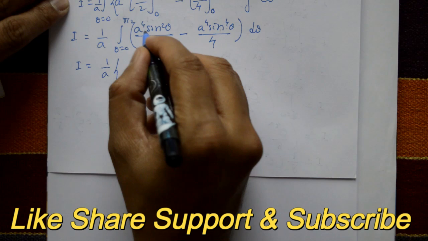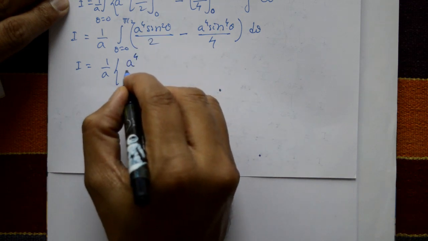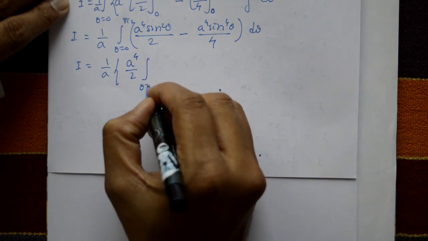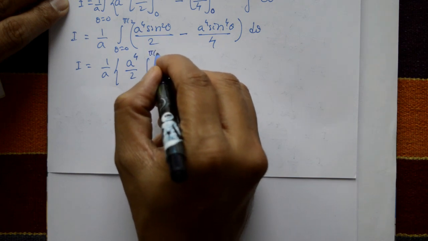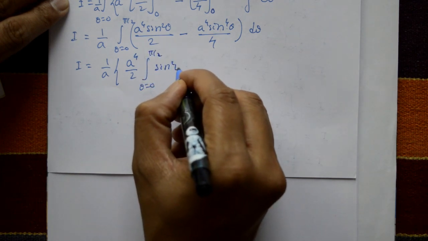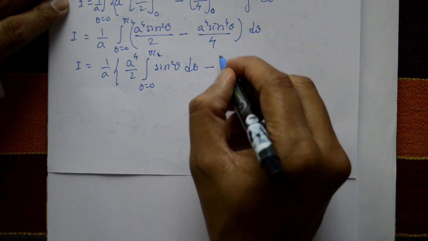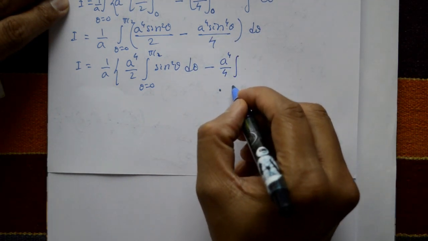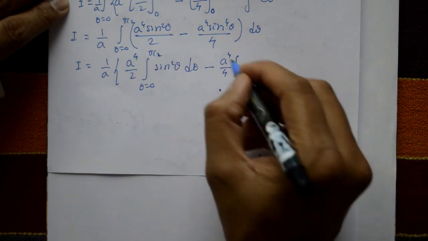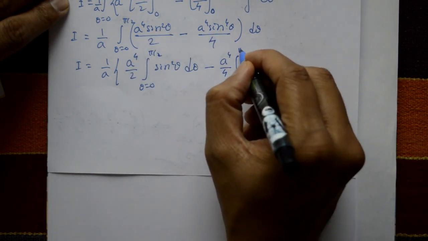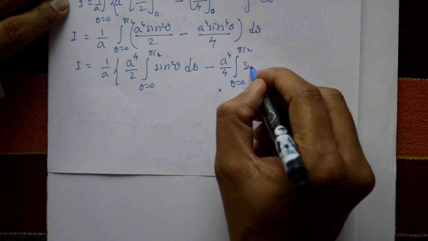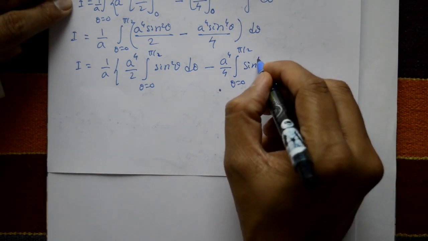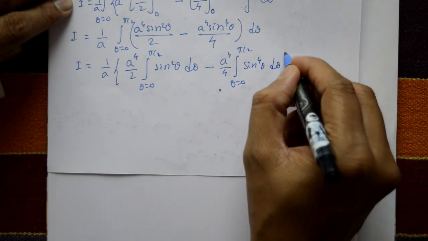The first, a square by 4 is an outside constant, integration of theta from 0 to pi by 2, inside is sin square theta d theta, minus, and the second one, a raised to 4 by 4 is an outside constant, and integration of theta from 0 to pi by 2, inside is sin raised to 4 theta d theta.